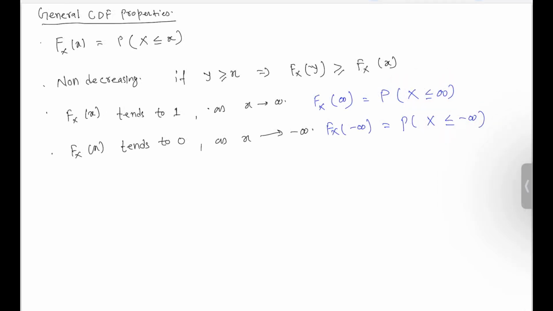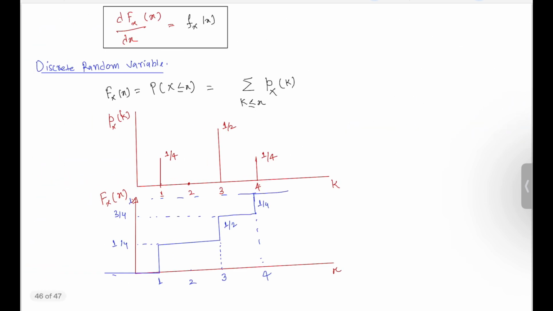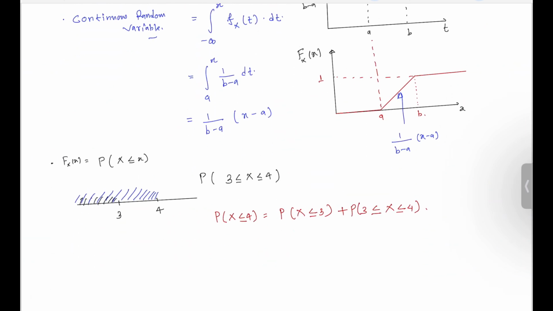And we have also seen that if we have the CDF, we can find the probability of any general interval. So let me generalize this. Let's say you want to find the probability of this interval, that the random variable takes a value greater than x1 and less than or equal to x2, right? If you have this info about the CDF, how can you do that?